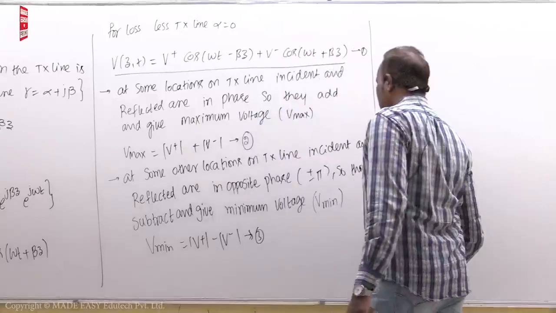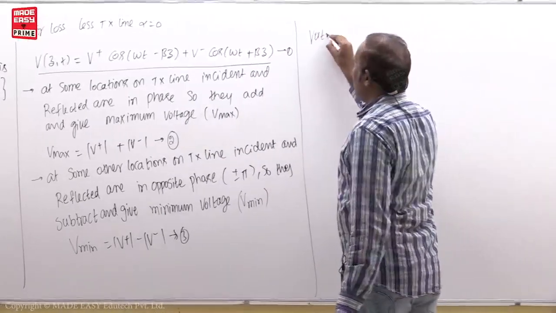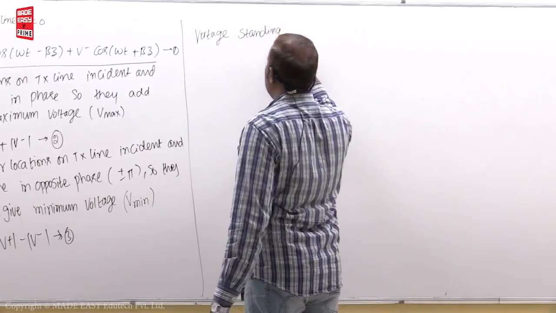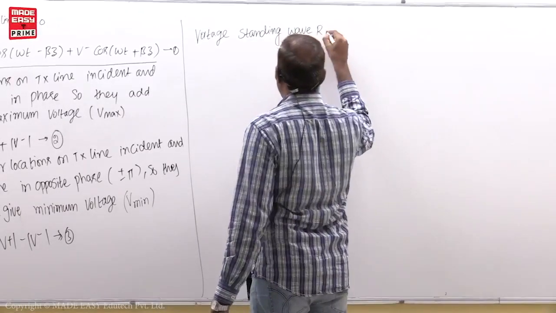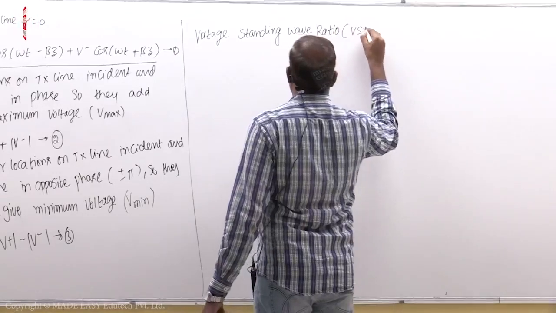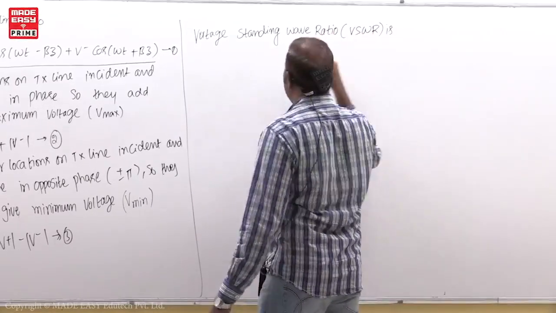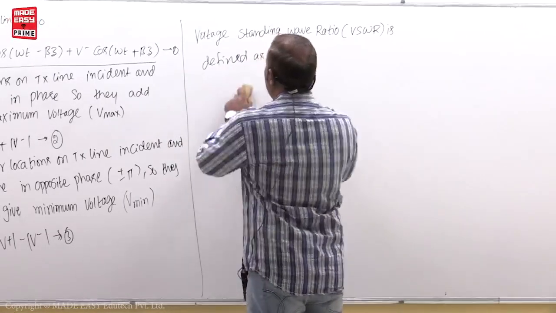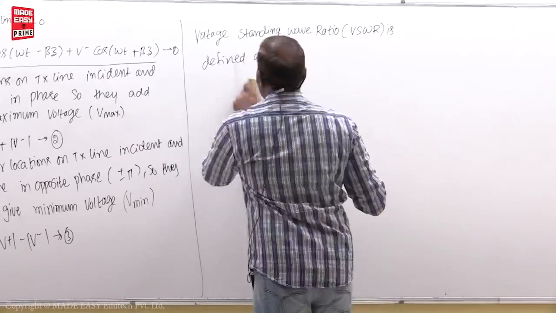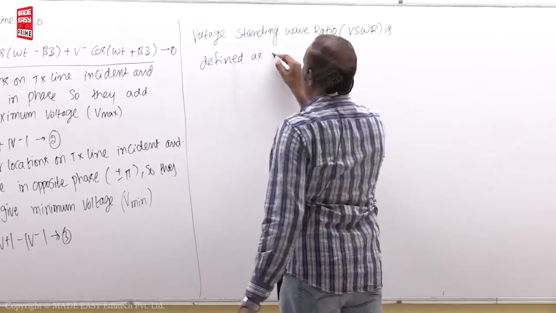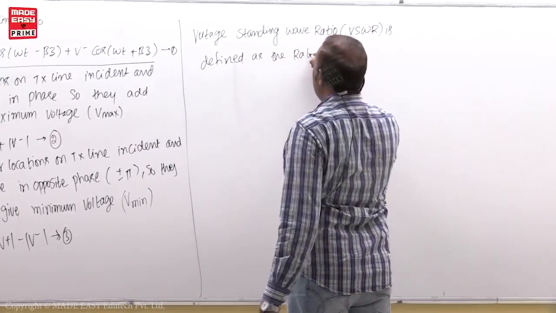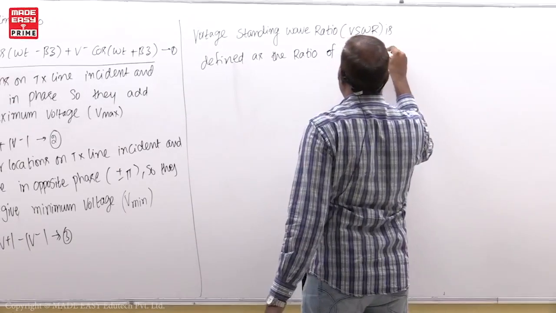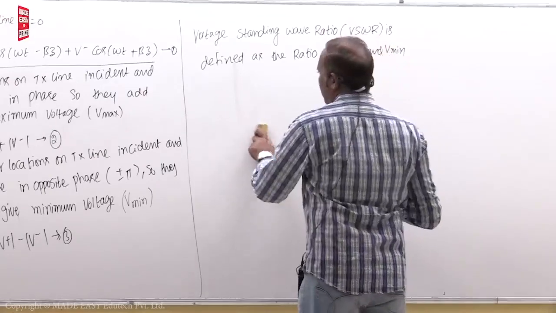Now the voltage standing wave ratio, VSWR, is defined as the ratio of V max and V minimum.